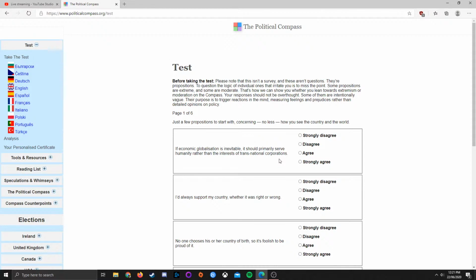So that's wanting to create a question about do you value the betterment of society as a whole, or do you think that corporations will benefit society generally?